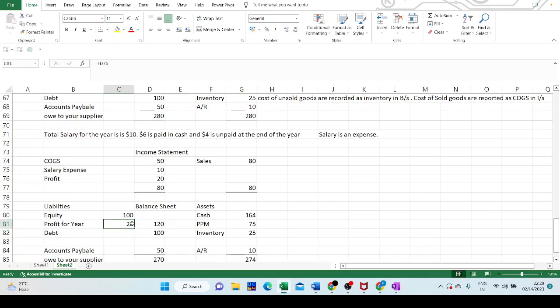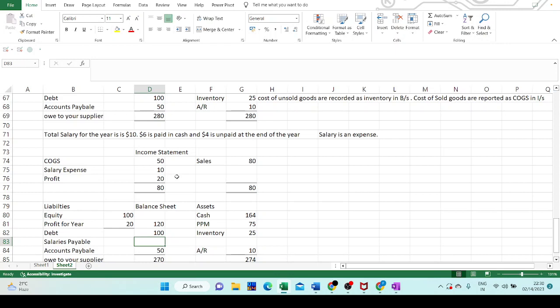Your profit for the year has become 20, and guys, you will recognize something called salary payable. The 4 of unpaid salary is a liability to you which you have to pay in the next year, right?